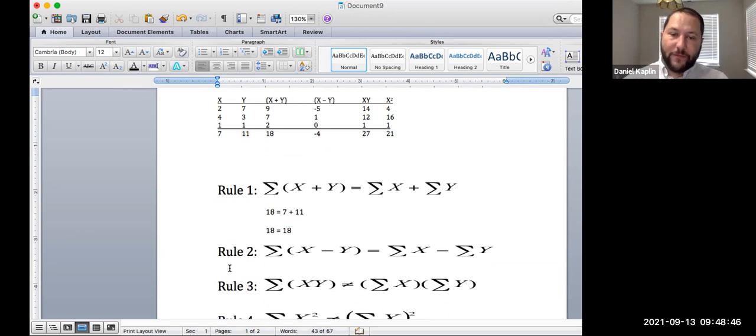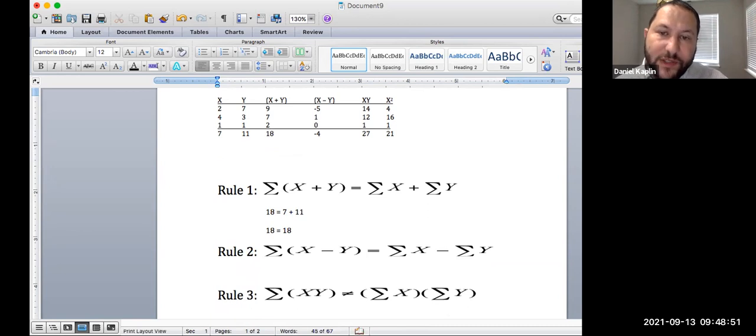We're going to do the same thing for rule 2, right? So in rule 2, it says the sum of the x minus y column, which we got negative 4, is equal to the sum of the x column, which was 7, minus 11.